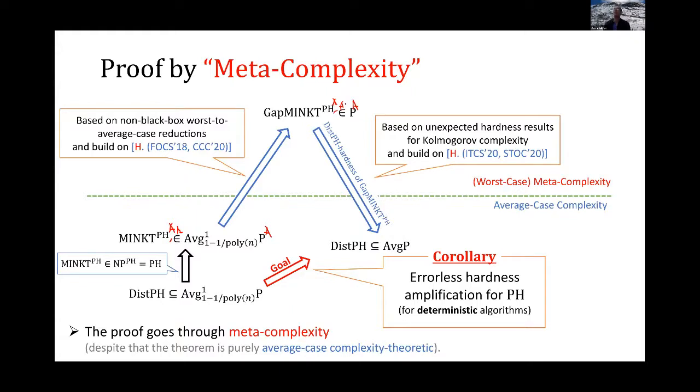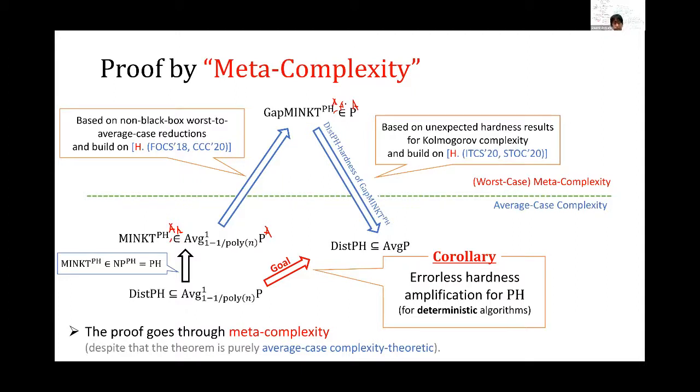More questions? If instead of the entire polynomial hierarchy, I wanted to do something inside the polynomial hierarchy, is that possible? Like maybe you assume something on the 5th level and you get something about the 3rd level or the 6th level or whatever? Yeah, if we have something about the 5th level, we get something about the 4th level.